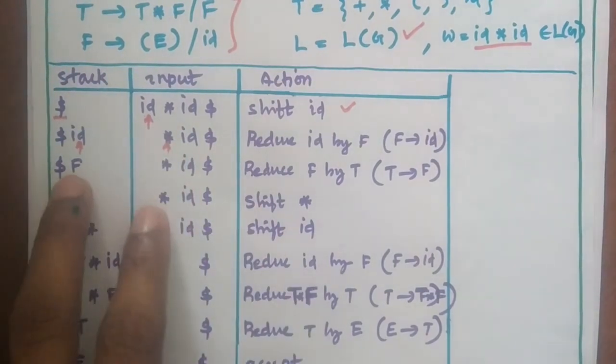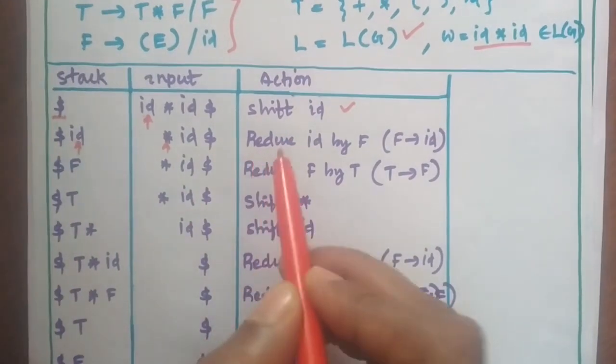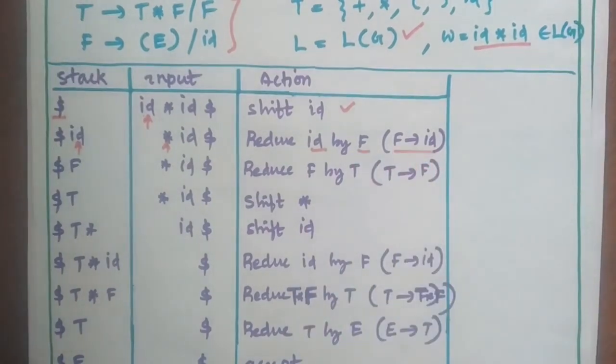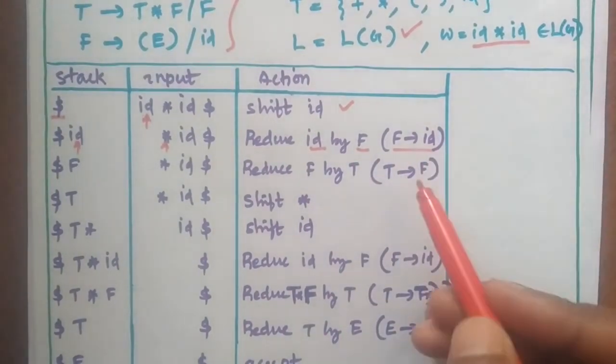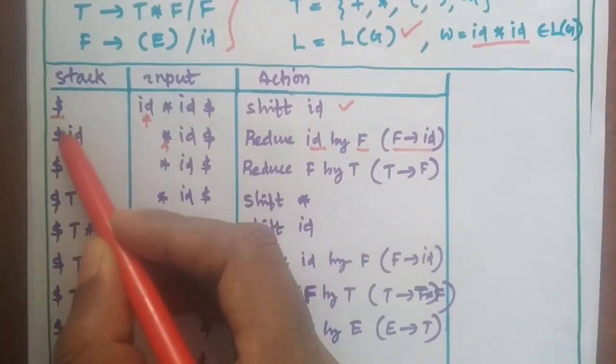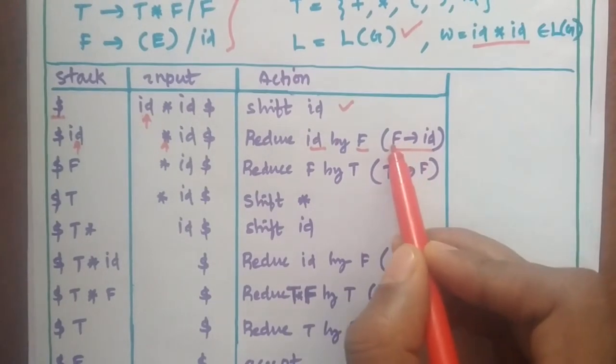So if this is the situation, then the SR parser will reduce ID by F using this production, because on the stack top ID is identified and ID is a handle, so the handle is replaced by the head of the production.